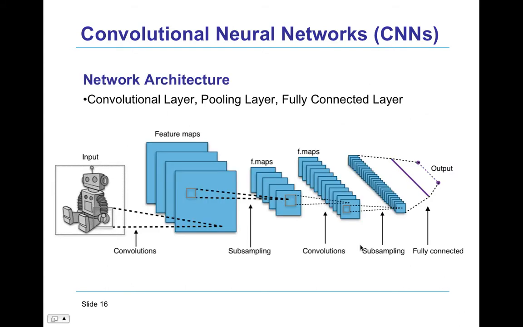Okay, let's talk a little bit about the architecture. This is a very simple architecture. Notice that it's a grayscale image here, so it's just one 2x2 window that you're going to be checking through the whole image, and that will produce feature maps.